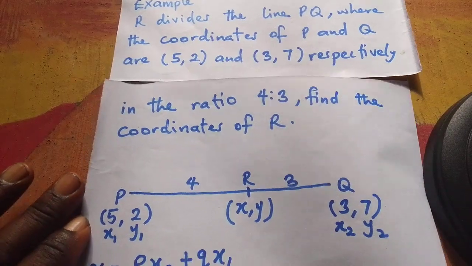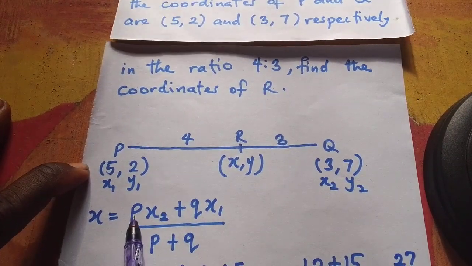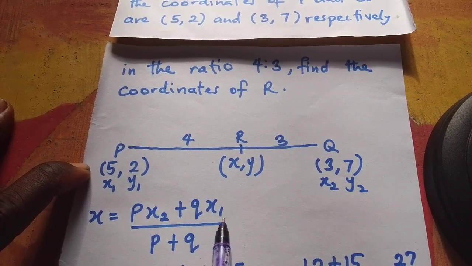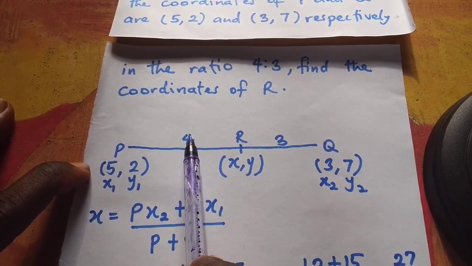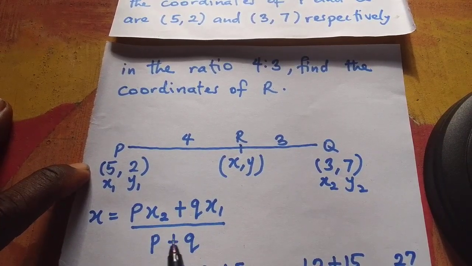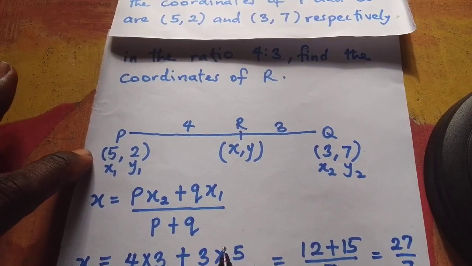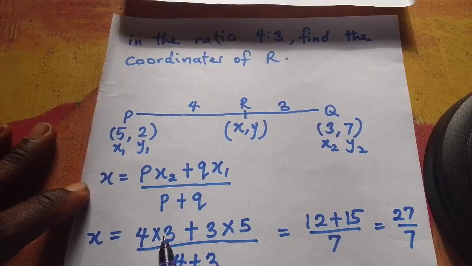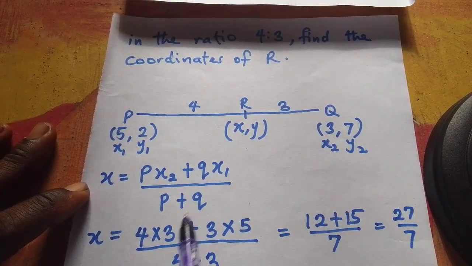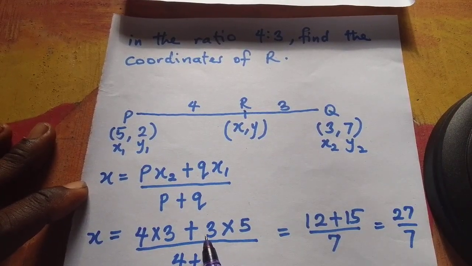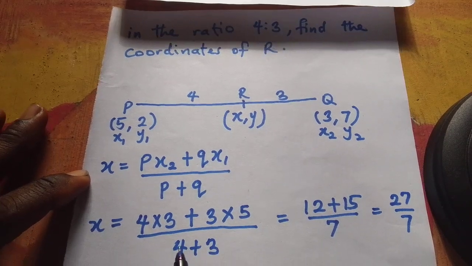To get this coordinate, we said you are going to use the formula x equals P times x2 plus Q times x1, where P stands for the first ratio and Q the second ratio, divided by the addition of the ratio. So the first ratio P is 4 times our x2, which is 3, plus Q, which is 3, times our x1, which is 5, all over the addition of the ratio.